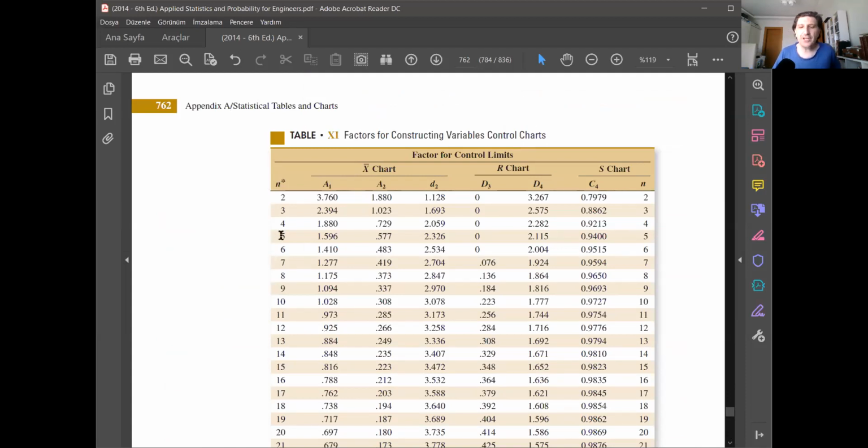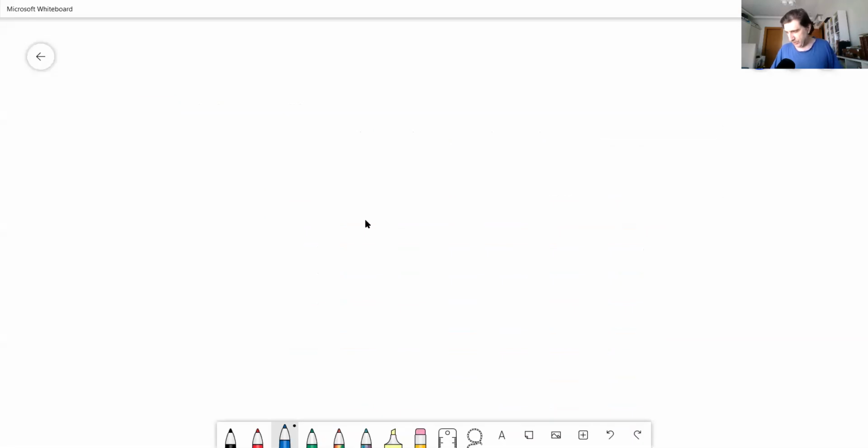For instance, if you take a sample of 5 elements and determine the standard deviation of those 5 observations, then you are going to divide the sample standard deviation by 0.94 to obtain an unbiased estimate of the population standard deviation, which means the expected value of S is not equal to the population standard deviation. That's the interesting thing, and that's the point I would like to talk about in this bonus lecture.